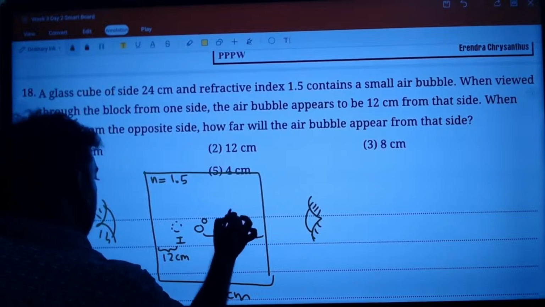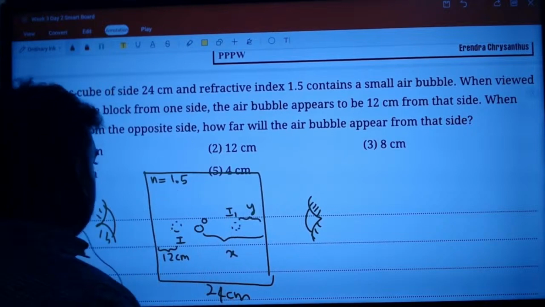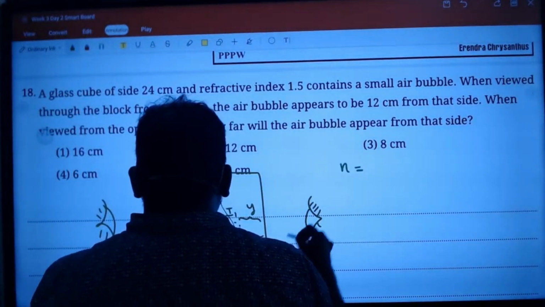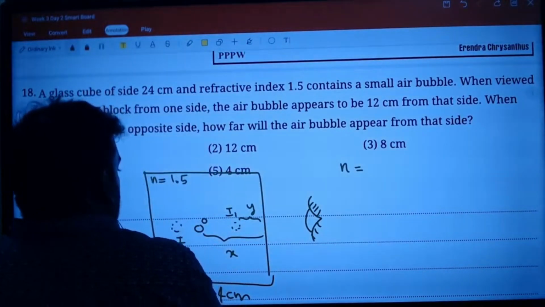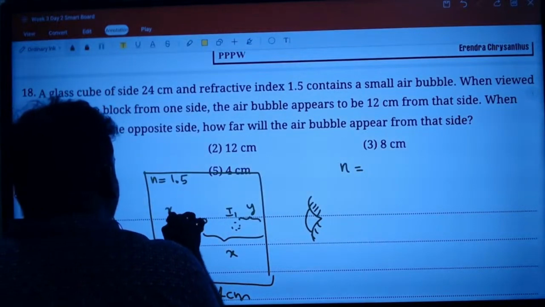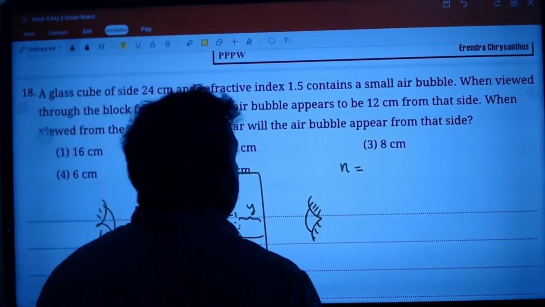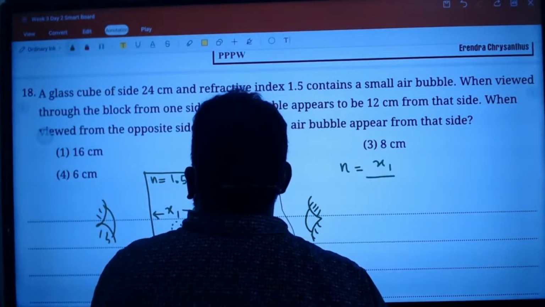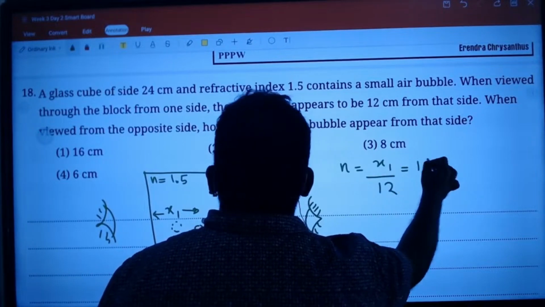The image will come closer. So here you can say refractive index is real depth divided by apparent depth. Real depth is x1, apparent depth is 12 centimeters, refractive index 1.5.